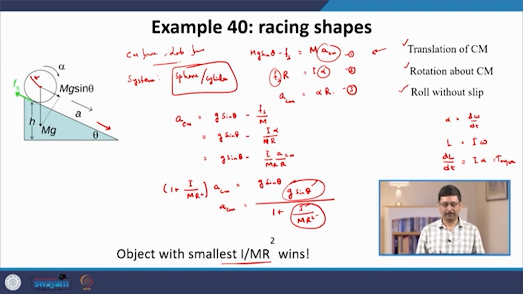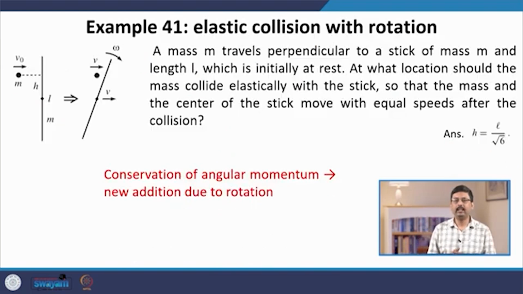Now, we take a different kind of situation, another very important class of problem we have discussed before. Earlier we discussed the collision problem. Now we generalize the collision problem to the situation where we allow rotational motion as well during the collision.